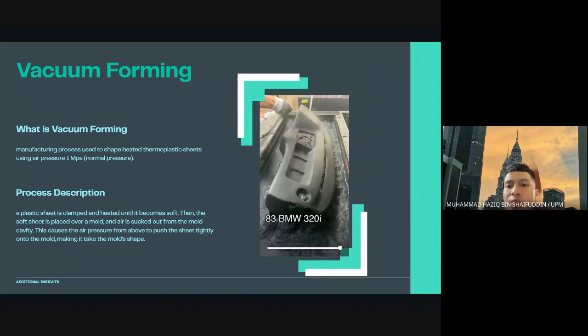Then the sides of the sheet are fixed, so they don't move, and only the center stretches into the mold. The mold has a raised border to hold the sheet tight and stop air from leaking out.